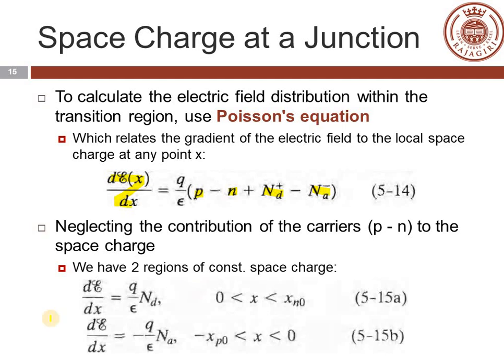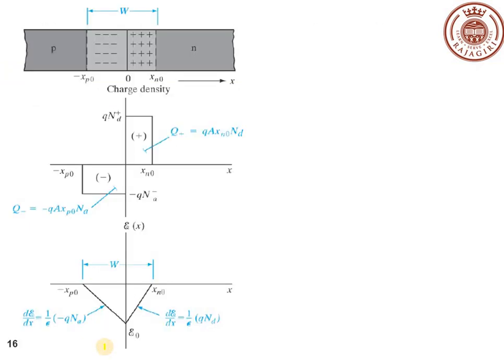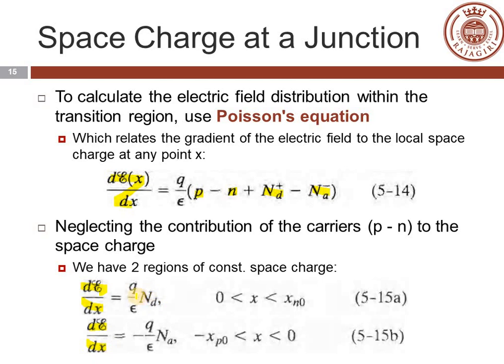Now we will be plotting the gradient of the electric field. We know the electric field is in the minus x direction, so our electric field is always negative. We know Q by epsilon into Nd gives a positive slope, and minus Q by epsilon into Na gives a negative slope.